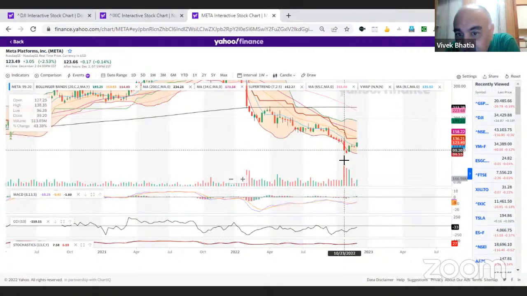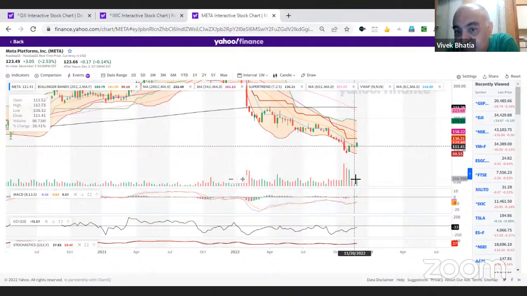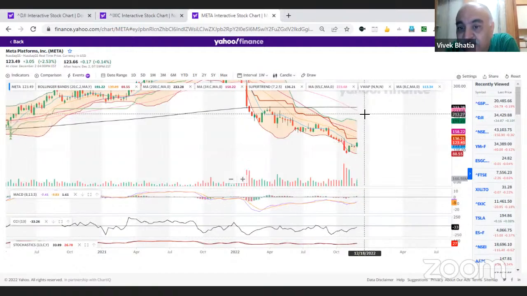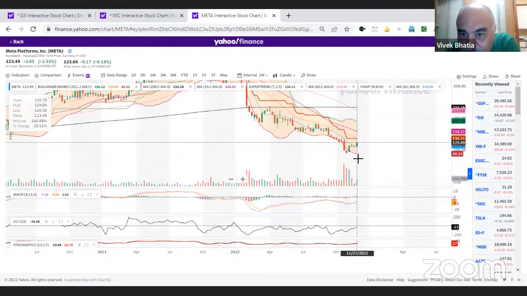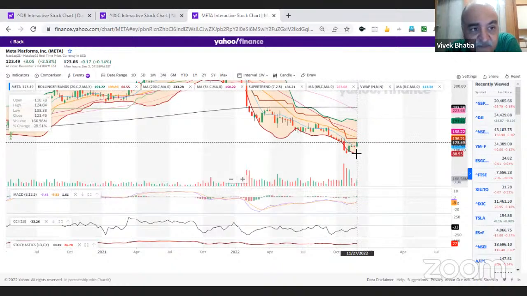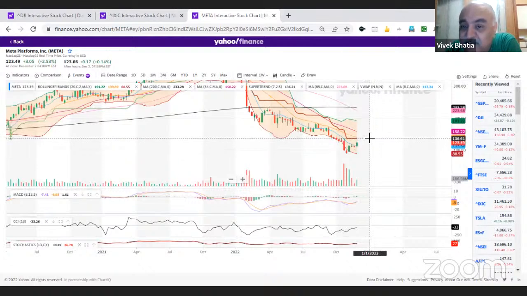Weekly signals, volumes have fallen, and the MACD crossover has just happened. CCI is moving up. So on Meta, your first target will be your super trend at 136, which is about $12 to $13 away. Clear? Possibly you could expect this by Christmas week.